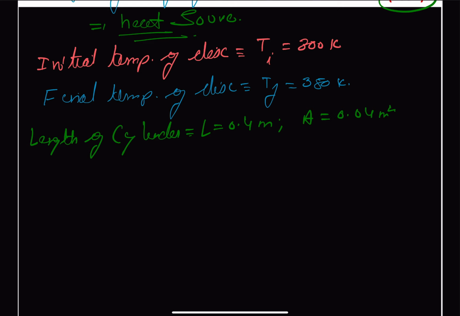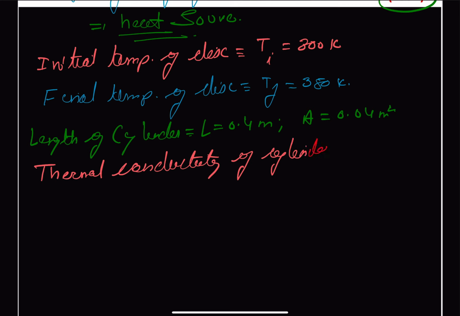So we can say the thermal conductivity of the cylinder, let us suppose denoted as K, is given as 10.